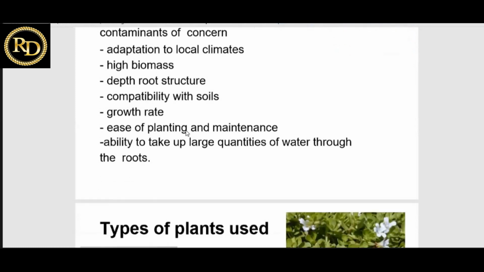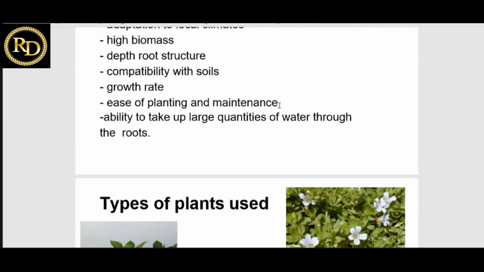Now, second is the planting and maintenance. If you are selecting the plants for this purpose, then please think about the planting and the maintenance. If the maintenance and planting is very difficult and challenging, then you should avoid such plants. Now, ability to take up large quantities of water through the roots.